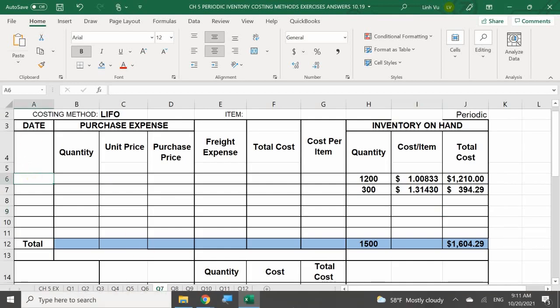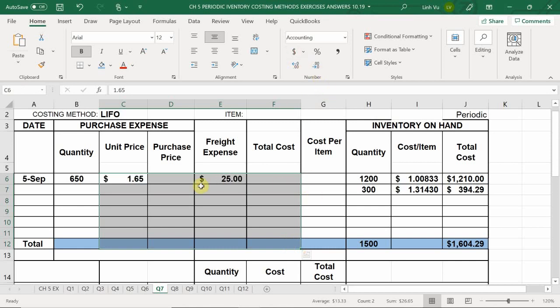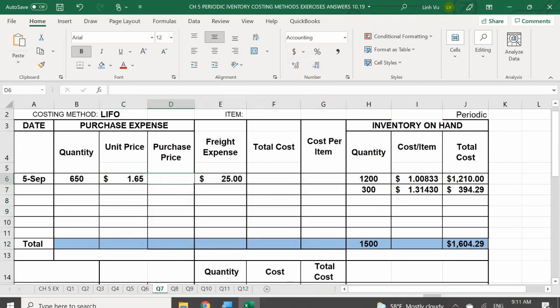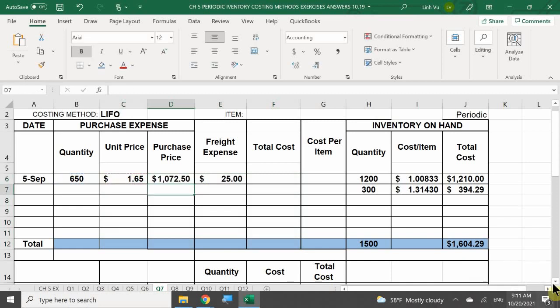September 5th, 650 at $1.65 with a freight of 25. So in this case, what is my total purchase price? $1,072.50. Good.